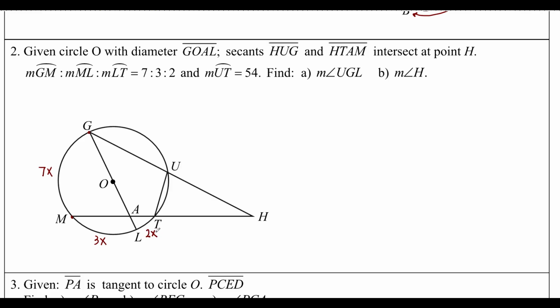You can let the actual measures of arcs be in terms of x. And also our UT. Last time this was an error, I forgot this one, sorry about that. The measure of arc UT is 54 degrees.